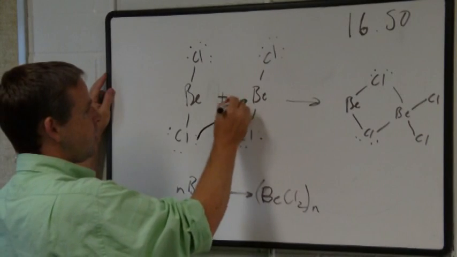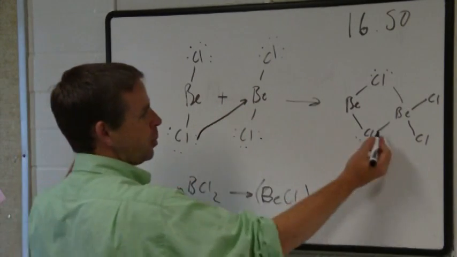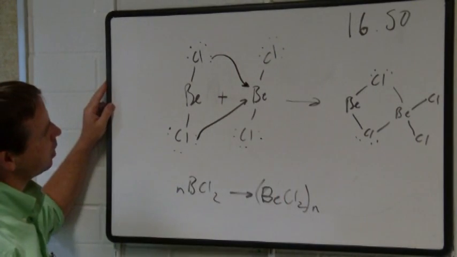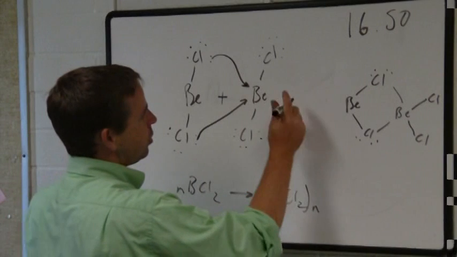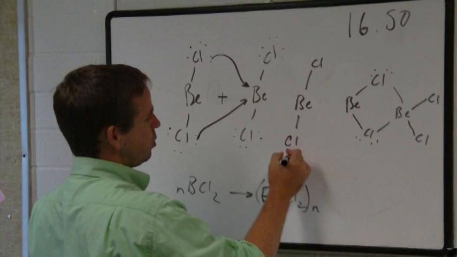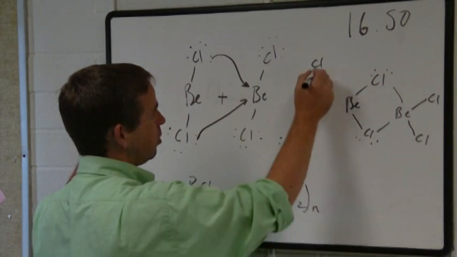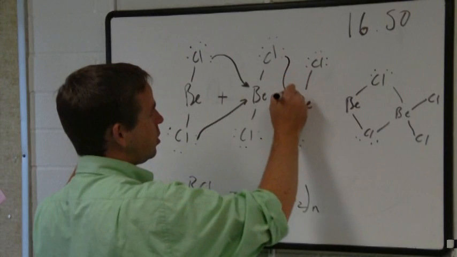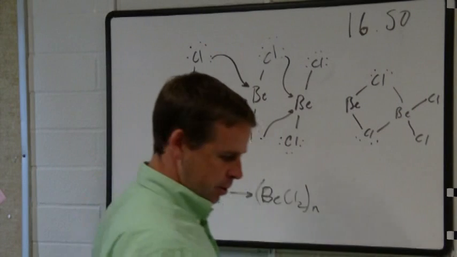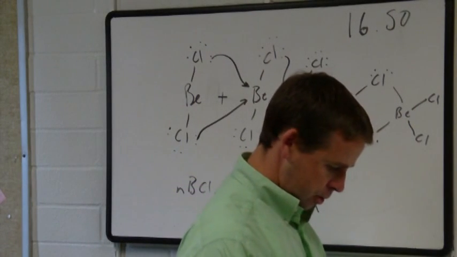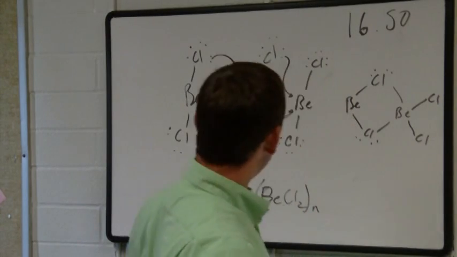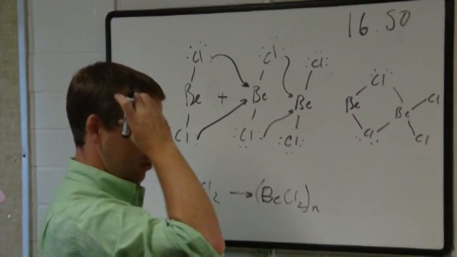So it looks like these electrons here are going to attack that there and form a bond between there. These electrons are also going to attack there. Right? So if I had a third beryllium chloride in here, if the N value that I wanted to choose was 3, these electrons would be attacking that beryllium there. Alright, so that looks like how the polymerization of beryllium chloride is. Okay, now they didn't draw it like this, they drew it like this, which is a little more confusing, but same thing.